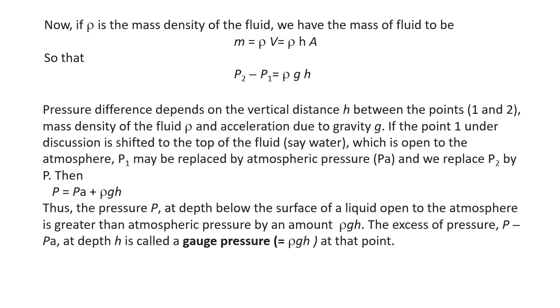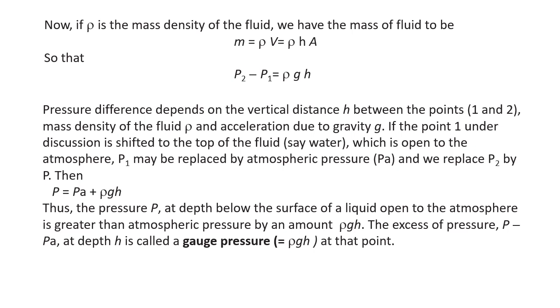If the point 1 under discussion is shifted to the top of the fluid, say water, which is open to the atmosphere, then P1 can be replaced by the atmospheric pressure Pa and P2 by P. Then we can write simply P equals Pa plus rho gh.